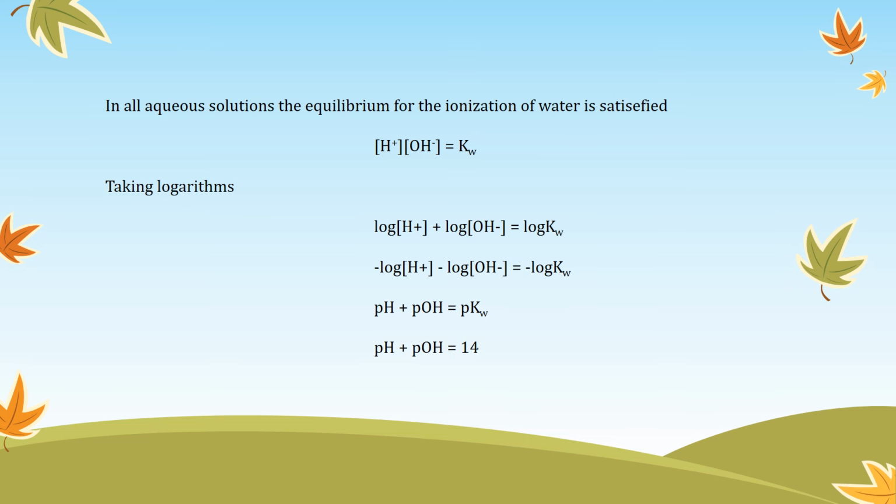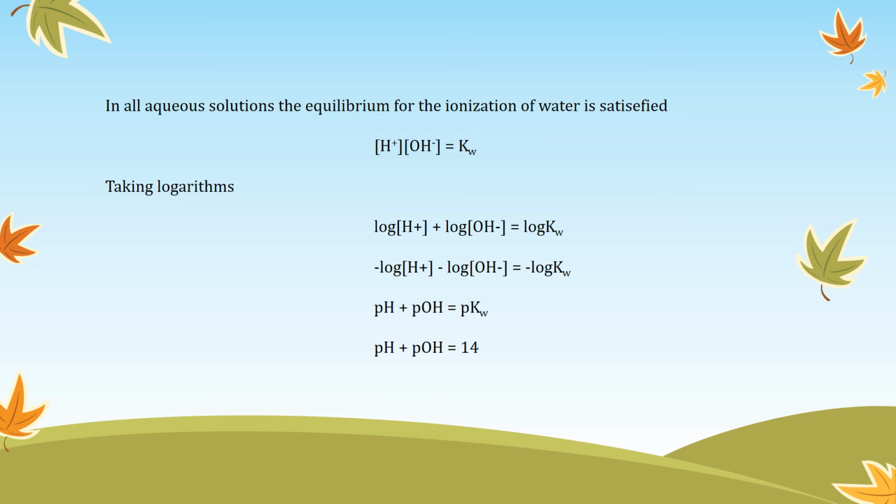You take the log of this expression, that is log hydrogen ion concentration plus log hydroxyl ion concentration is equal to log of Kw. You multiply all with a minus sign. So negative logarithm of hydrogen ion concentration, negative logarithm of hydroxyl ion concentration, and negative logarithm of Kw.